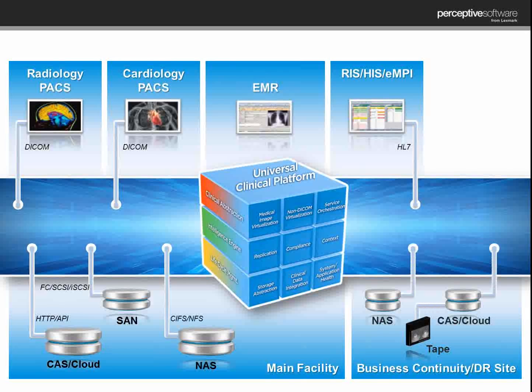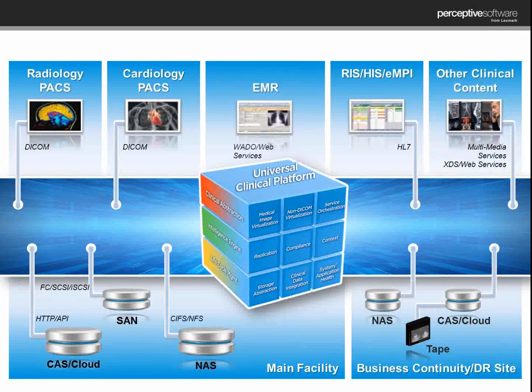Many of them are integrating to electronic health records. Many of them obviously integrate to the HIS, RIS, or an MPI solution, and many of them will provide good abstraction technology at the bottom around leveraging on-site or multi-data center or cloud-based storage capabilities that the customer may want to provide from an IT perspective.